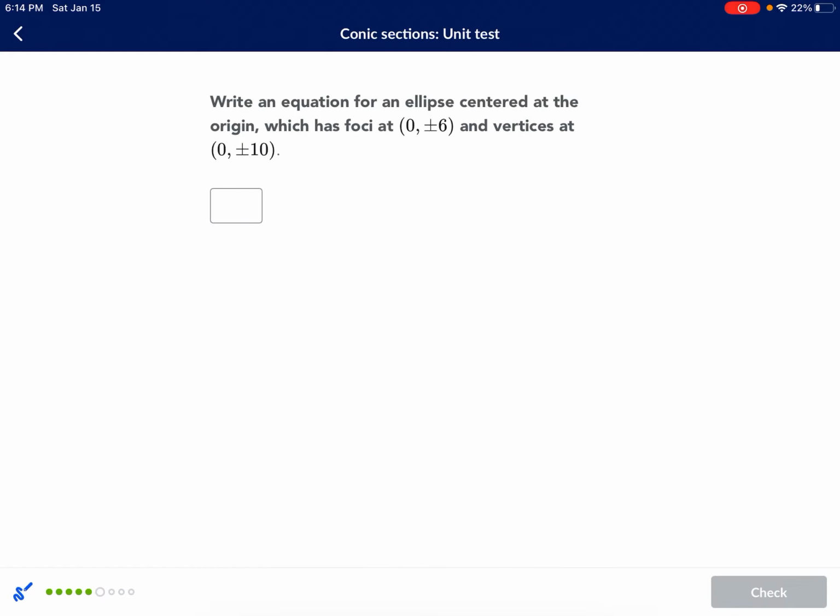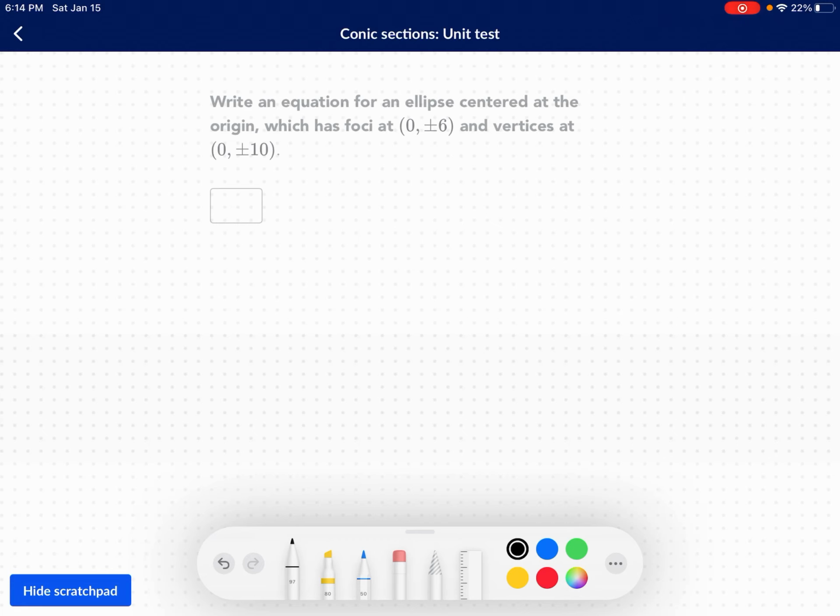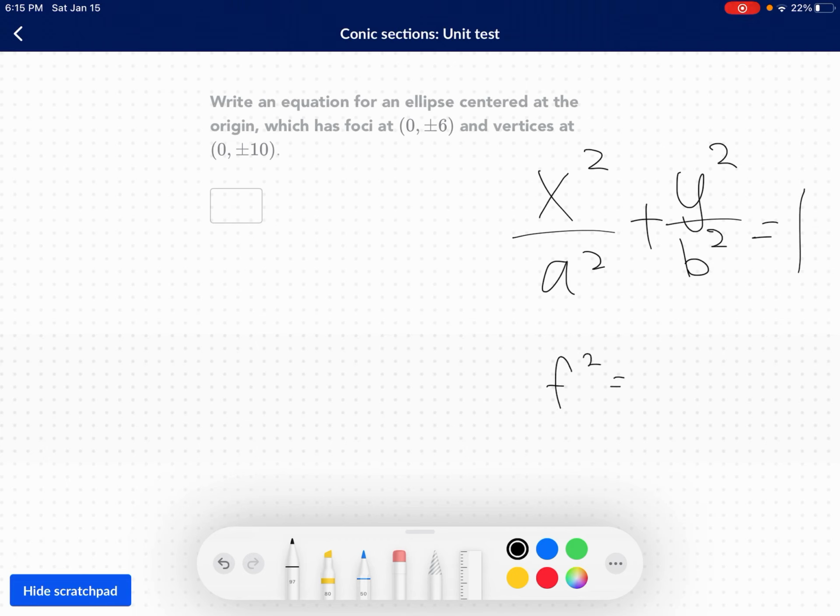Write an equation for an ellipse. The ellipse formula is x squared over a squared plus y squared over b squared equals 1, and the focal length is f squared equals a squared minus b squared.